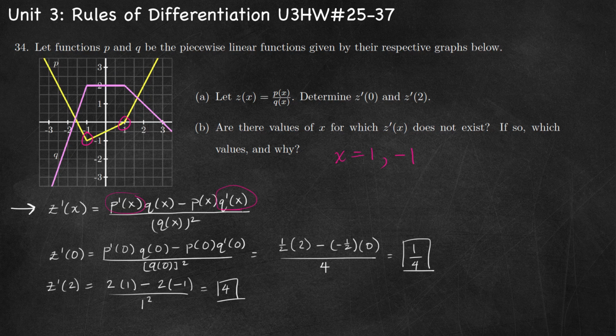And then here as well, wherever q prime does not exist, z prime will not exist, and q prime does not exist at these corner points, which also happen to be at x values of 1 and negative 1. And there's one more place where z prime will not exist, and that's when we're dividing by 0. So wherever q is equal to 0, z prime is not going to exist.